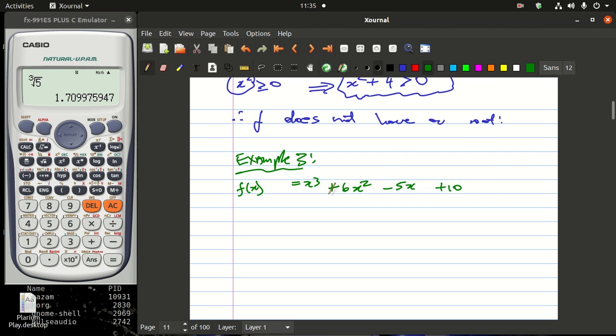So we have this function here. Now the question is that we want to find the roots of this equation.